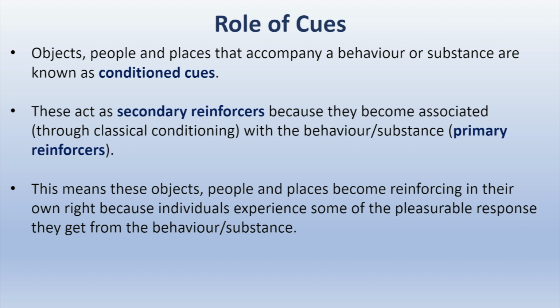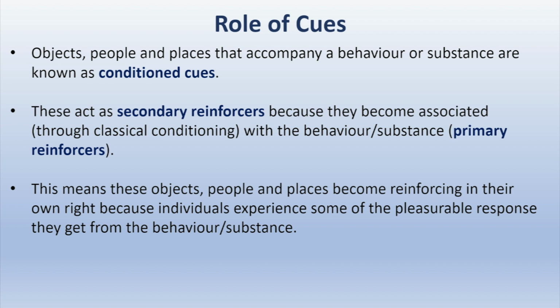So these act as a secondary reinforcer because they become associated through classical conditioning with the primary reinforcer. Okay, so if you think about smoking, that would be the primary reinforcer because that's satisfying the need of needing to smoke, the addiction to the nicotine, whereas a secondary reinforcer could be something like a lighter.